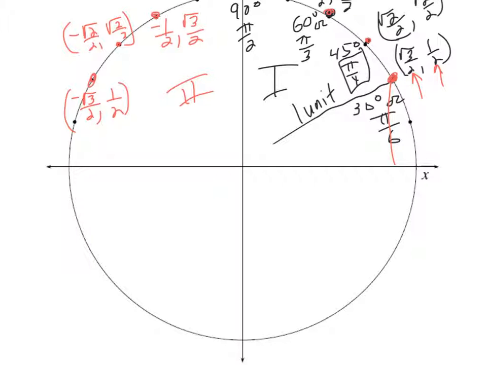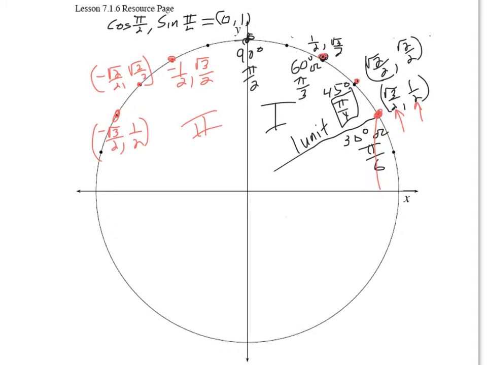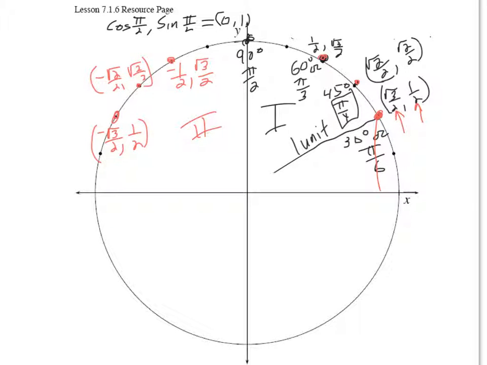So now, taking these points that we had in the first quadrant and reflecting them down, I'm going to start with that point. It's going to be right in the middle.